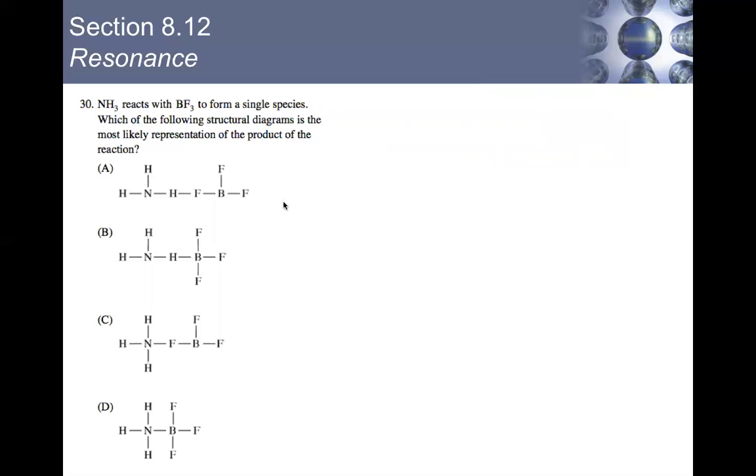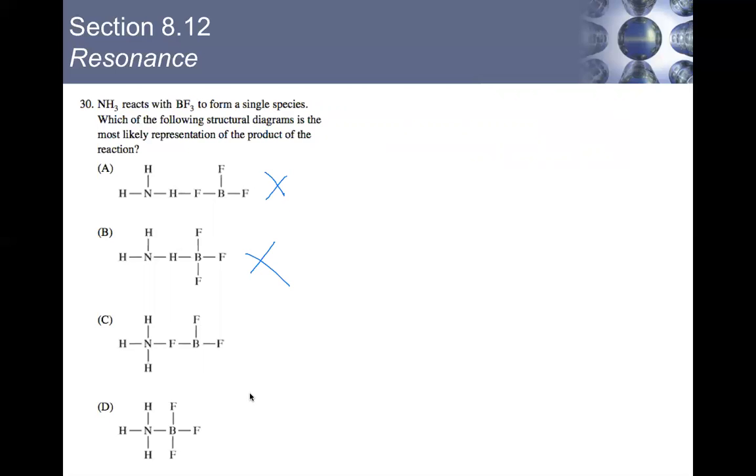H has 2 bonds. H is making 2 bonds. We can automatically say there's no way this is the most correct one. Along with the second one, B, and D. So we can eliminate that, and that one. Also C as well, because F is also making 2.